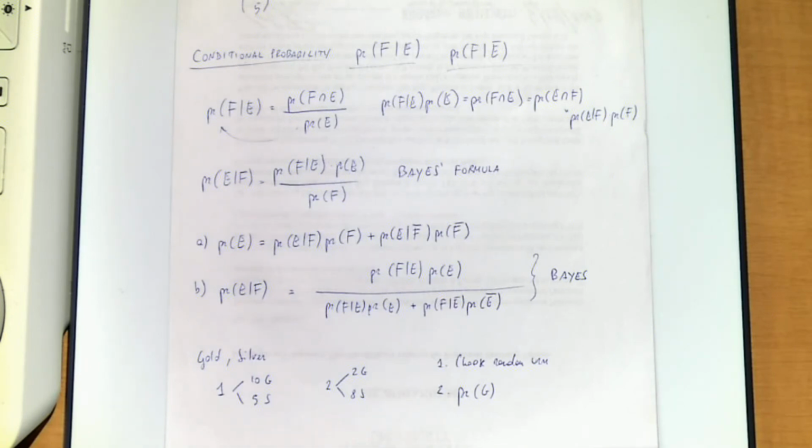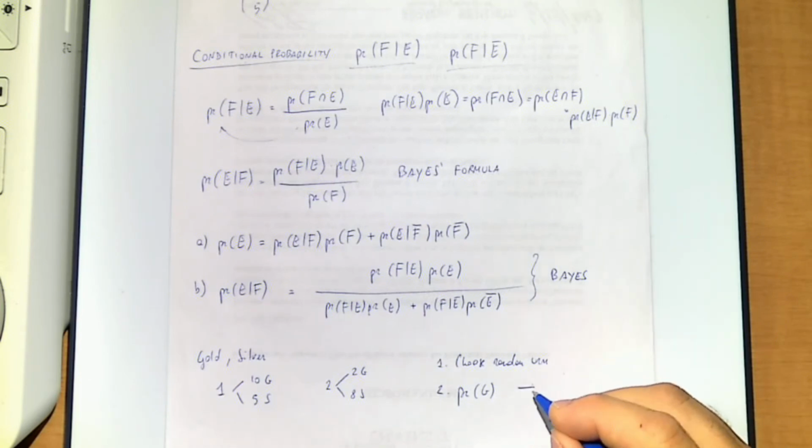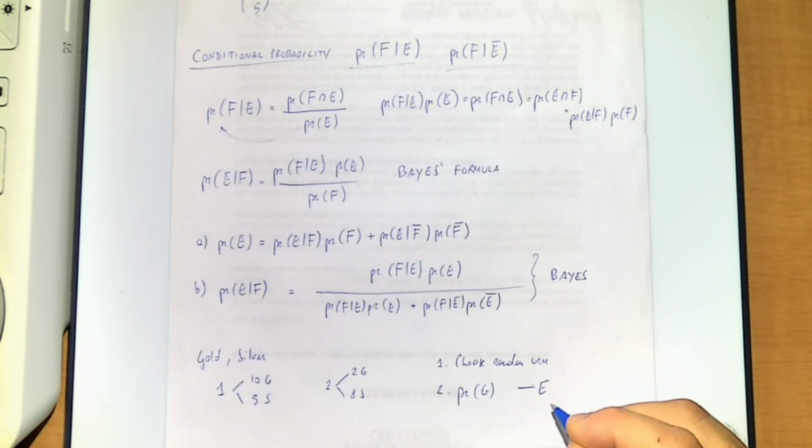This is already a simple experiment, but it requires the formulas that we just introduced, because otherwise it would be very hard to count. So we set E to be the event that a gold coin is chosen. Obviously, the probability of E depends on which urn was chosen.